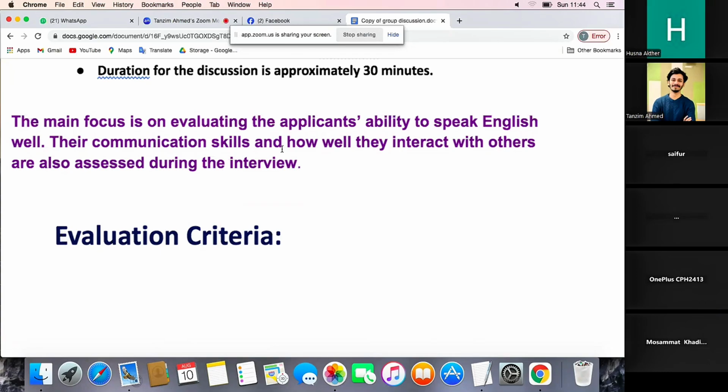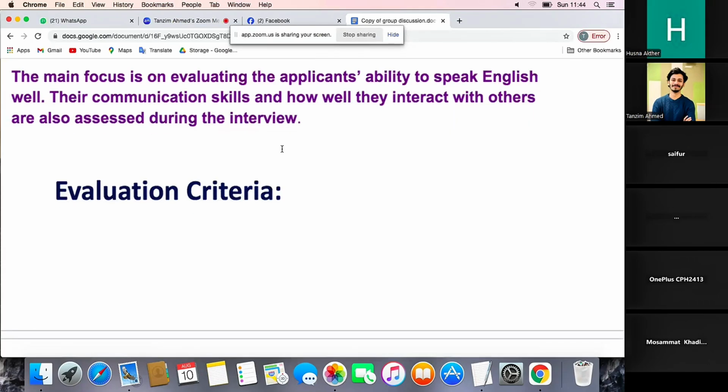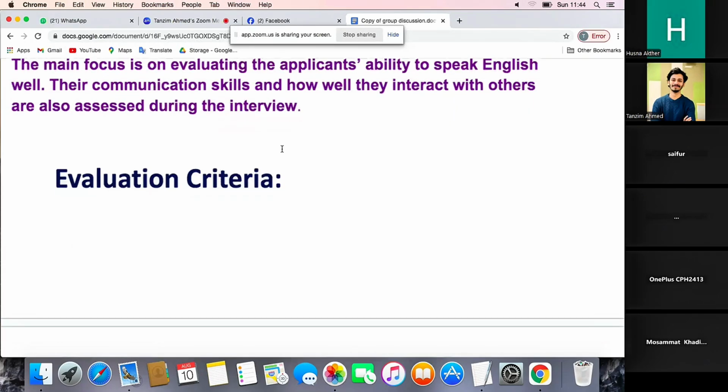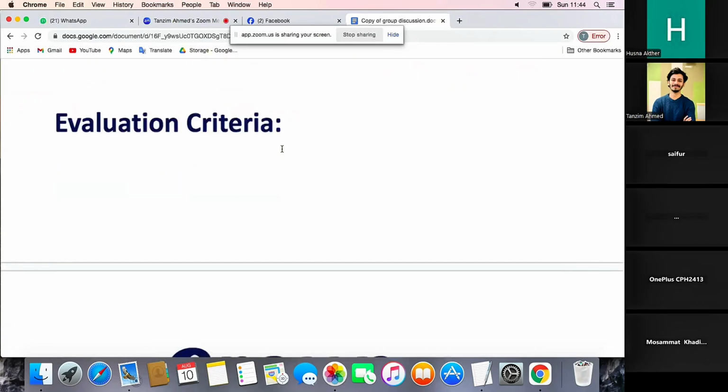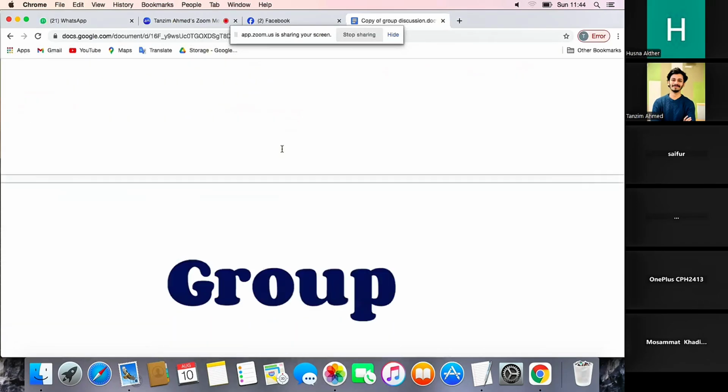So overall, it's not only about how well you speak English, but also your communication skill or interpersonal skill: how you interact with others, how you argue with others, how you respect others, right? These skills are also evaluated in your interview, but the majority is about your English level. So you have to have very good English in this discussion.